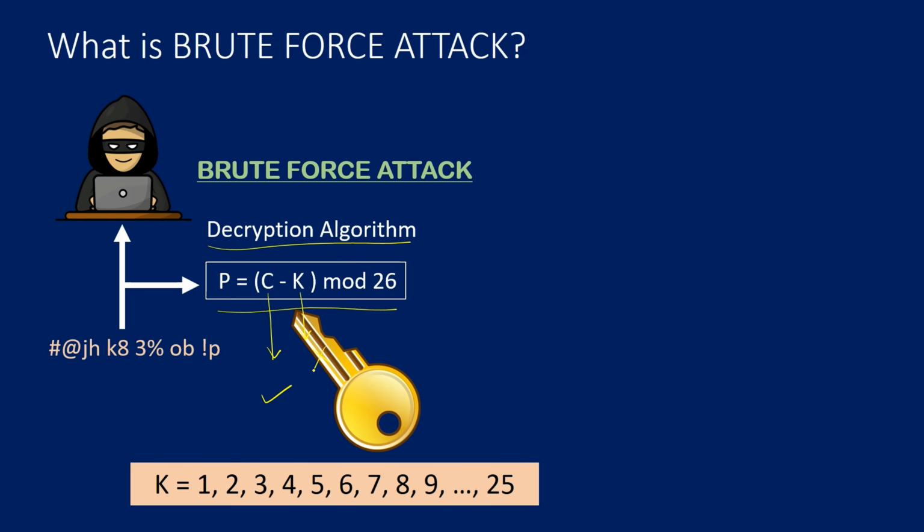He basically tries out different keys like K equal to 1, K equal to 2, 3, 4 and so on and so forth till 25, because we are discussing Caesar ciphers in which the key ranges from 1 to 25. So the attacker will try out the different keys and see if he can recover the plain text, which is a meaningful message, from the ciphertext, which is a totally meaningless message.